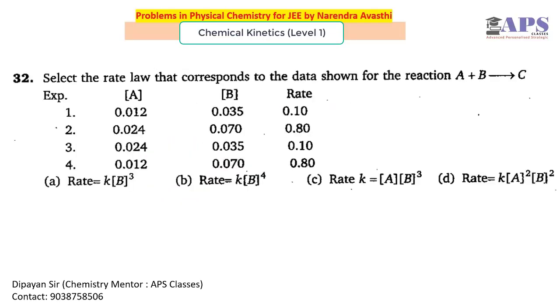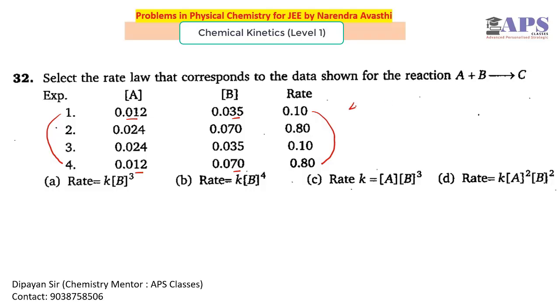In question number 32, if we compare 1 and 4, the concentration of A is constant but the concentration of B is doubled. And if we see, the rate of the reaction will increase by 8 times.